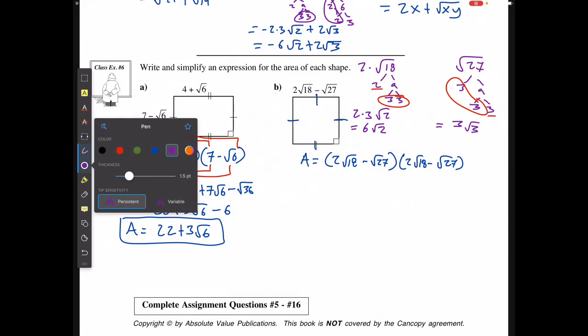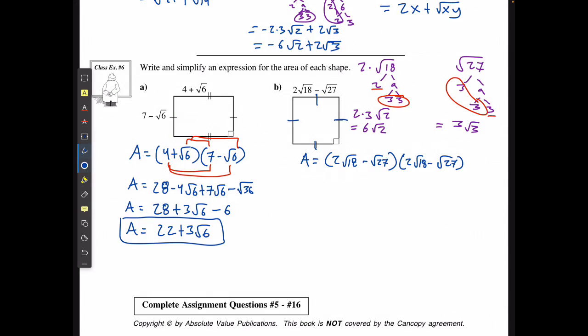So I'm going to replace these with the simplified forms, because I like to multiply smaller numbers. The area is going to equal 6 root 2 minus 3 root 3 times 6 root 2 minus 3 root 3.